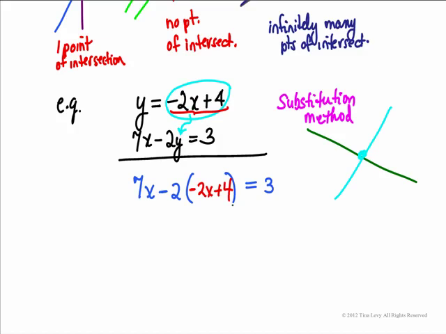Working this, I get 7x minus 2 times negative 2x is negative times a negative, 4x, minus 2 times 4, negative 8, is 3. Combining like terms, I get 11x minus 8 is 3.